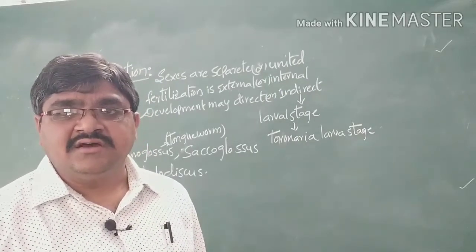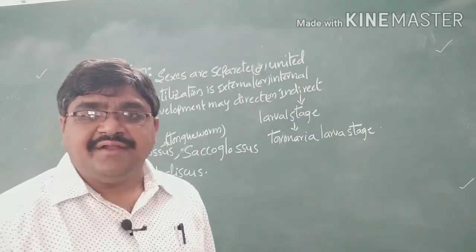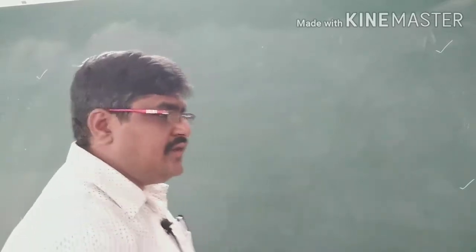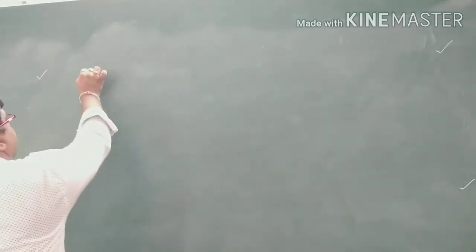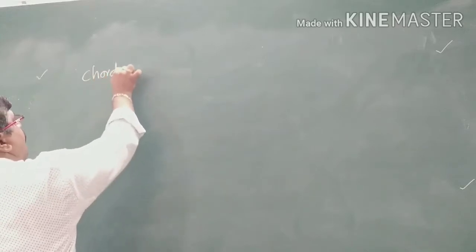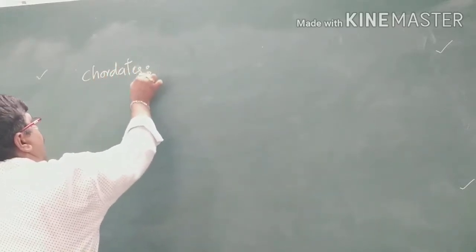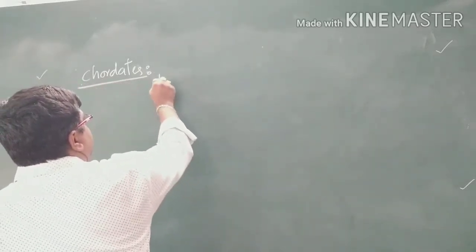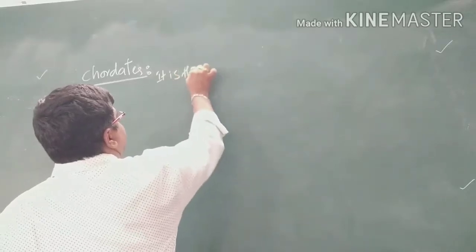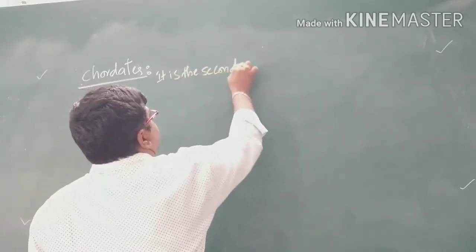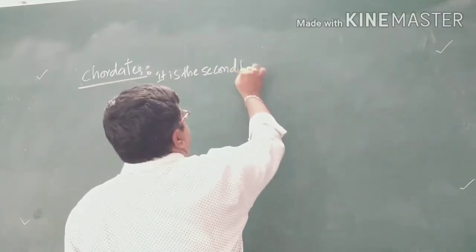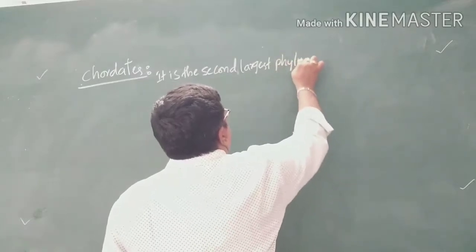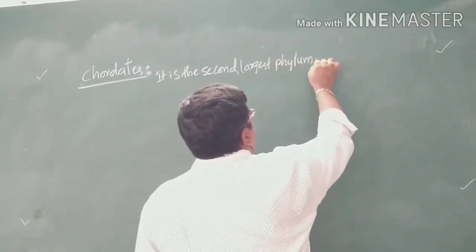Next, coming to the Chordates. Now we will discuss the Chordates. Chordates are the second largest phylum in the animal kingdom.